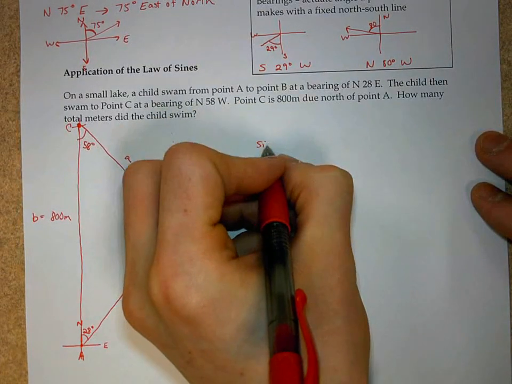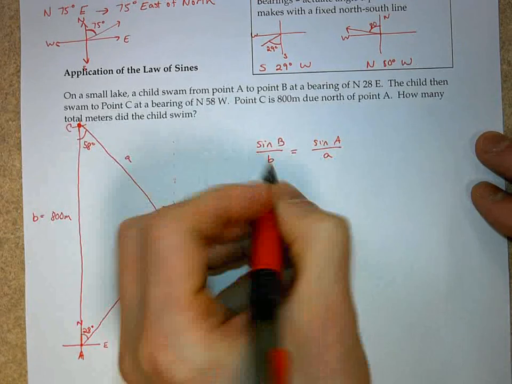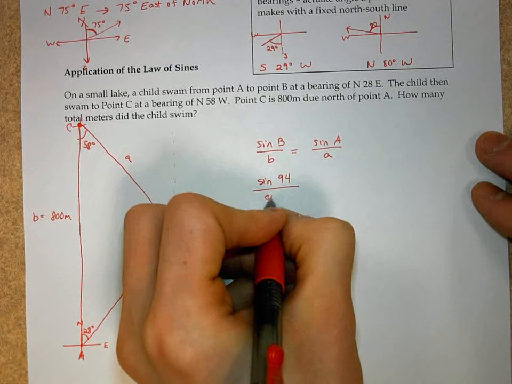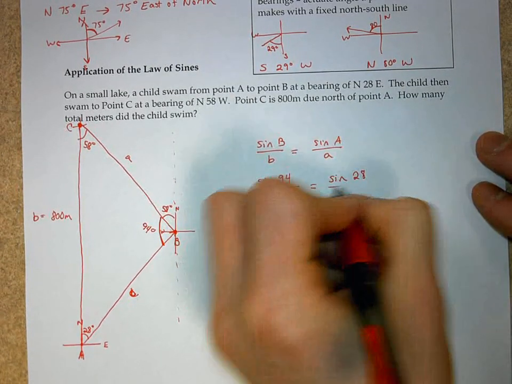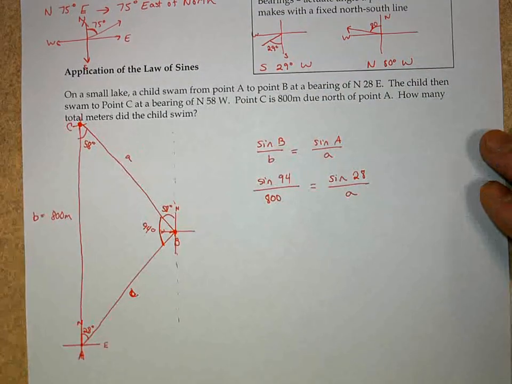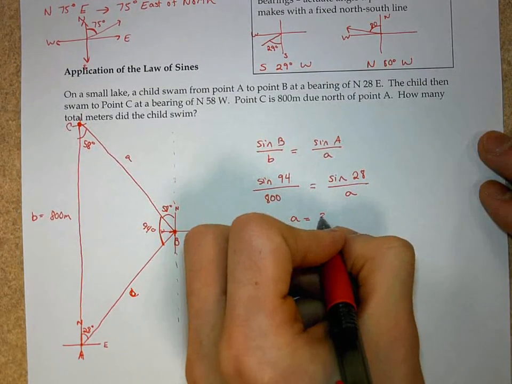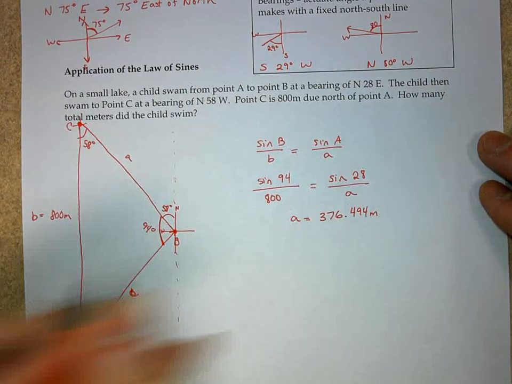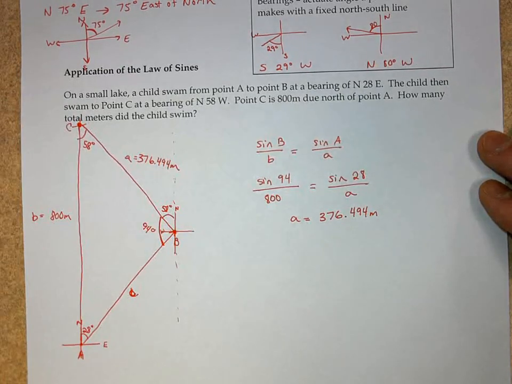So let's start with the sine of B over B is equal to the sine of A over A. So the sine of 94 over 800 equals the sine of 28 over A. Cross multiply: 800 times sine of 28, divide by the sine of 94, and we get A is 376.494 meters.